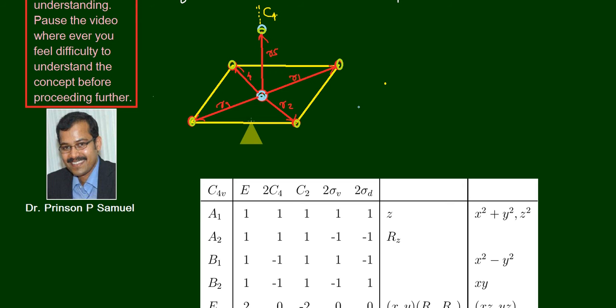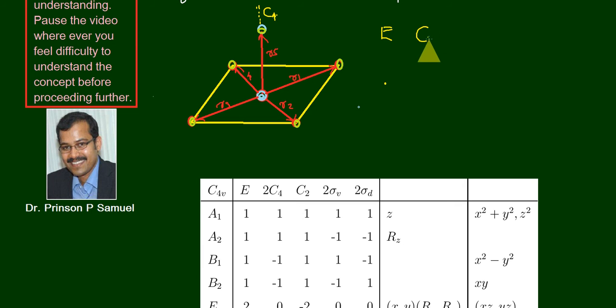And then we have C2 axis as well. What is the C2 axis here actually? Actually, what is written as C2 axis in this character table is the C4 axis itself. When we are carrying out the C4 2 times, that is equal to C2. Okay, no other C2 axis you can find here. So you have an identity E, then you have C4.